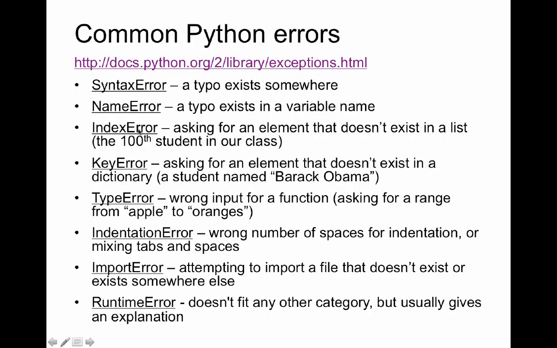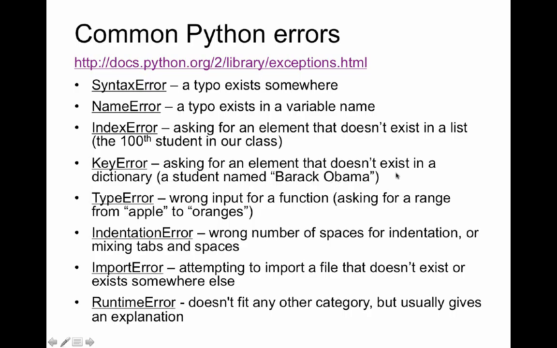When you're dealing with a list, and this is our scenario, you get an index error, which is asking for an element that doesn't exist in your list. For example, asking for the 100th student in the class. When you're working with a dictionary, there's a very similar error, asking for an element that doesn't exist in a dictionary. For example, we were asking for the student named Barack Obama.